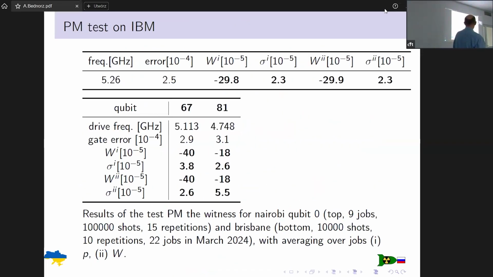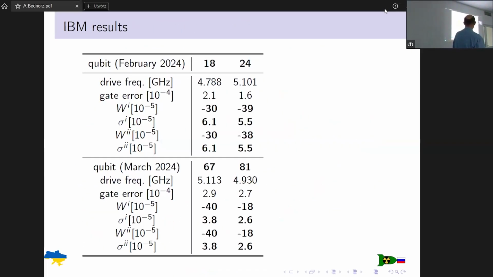And here the results are just from the two most faulty qubits in two different tests. You can see that it's not always the case that this weakness is very large. Sometimes it is about 500 standard deviations, but not here.